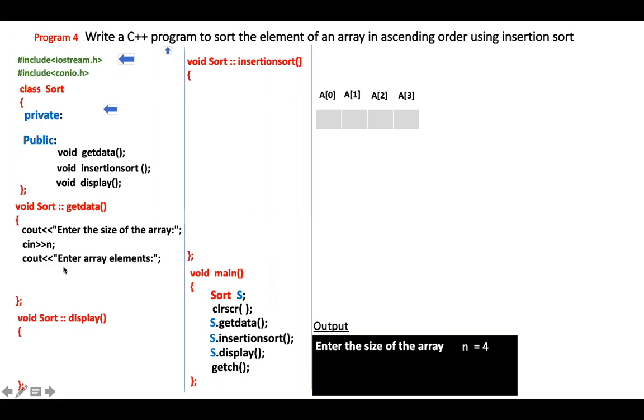So I'll write cout enter the array elements. Since I have to enter some elements, I'll write cin a of i. If I write this, I can insert one element into my array. Now if I have to continuously insert many elements, how will I do it? I'll write a for loop.